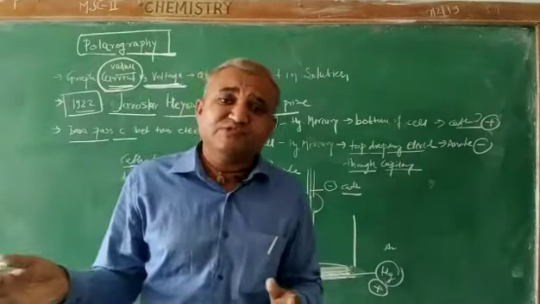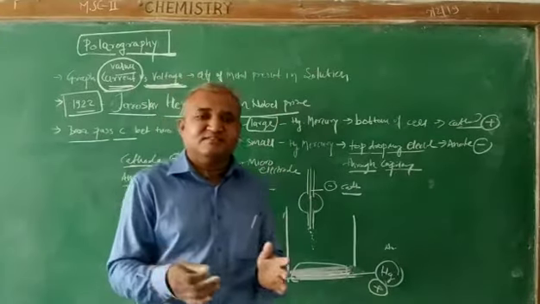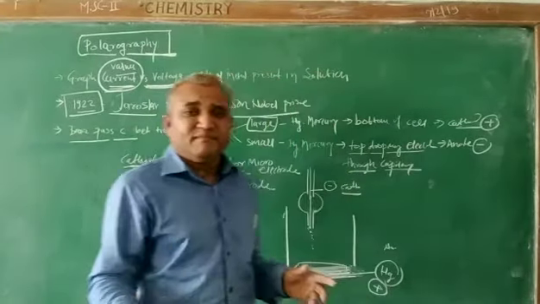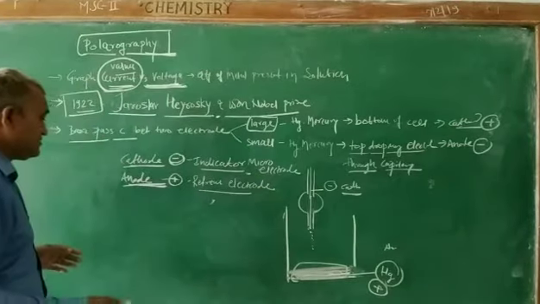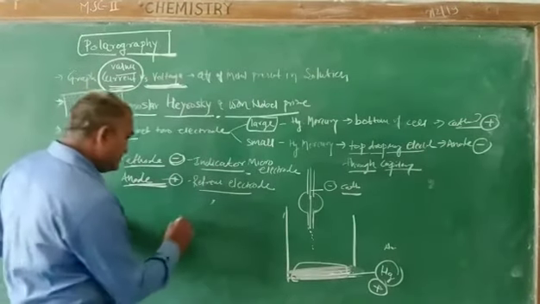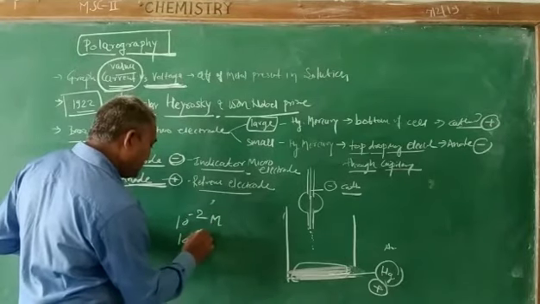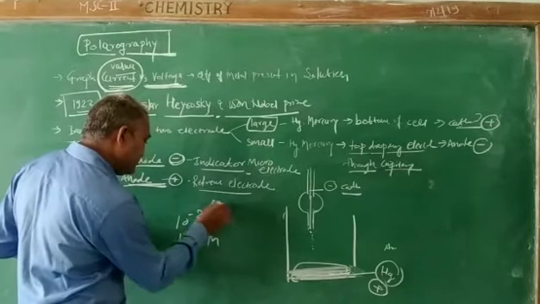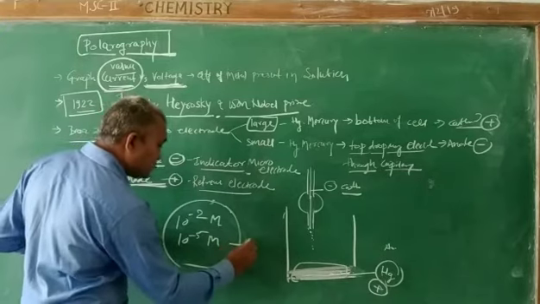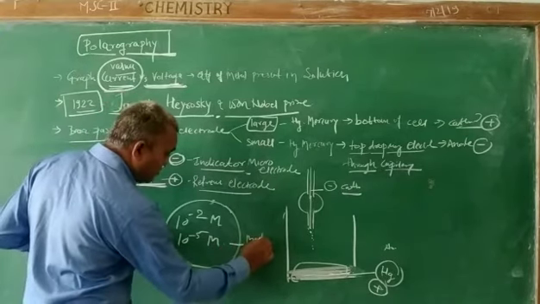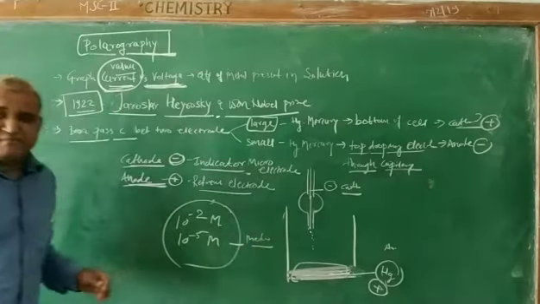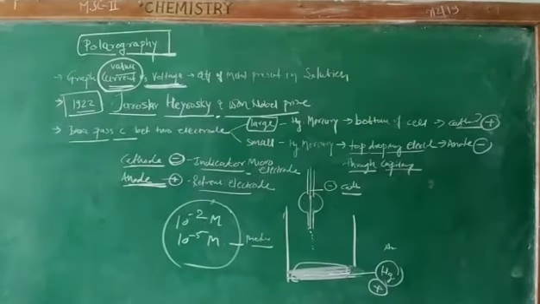In polarography instruments, we measure the metals in pharmaceutical samples. The quantity is 10 raised to power minus 2 molar to 10 raised to power minus 5 molar. These are the small quantities of metal present in pharmaceutical samples.